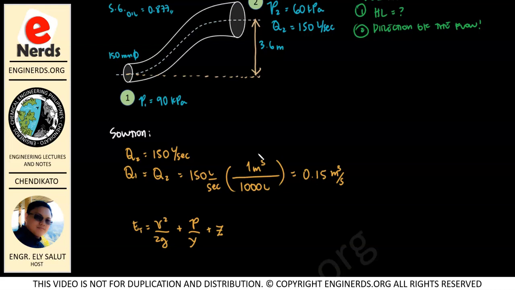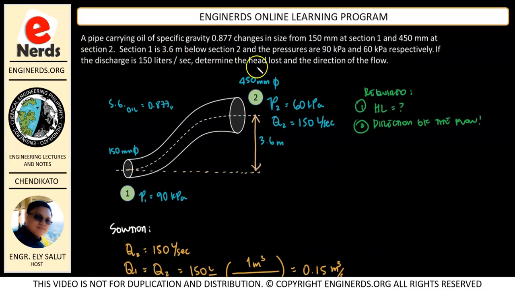Remember, what we are looking for is the head loss. So how do we get the head loss? The head loss is equal to the energy inlet minus the energy outlet. The energy that enters will be reduced as it passes through this pipe. So we will have a reduction in our energy. If we subtract those energies, we will be able to get the head loss.